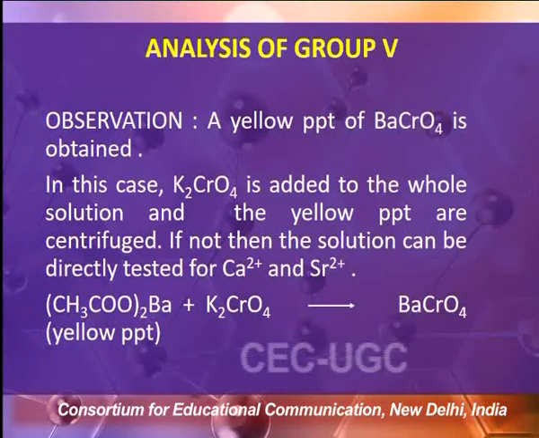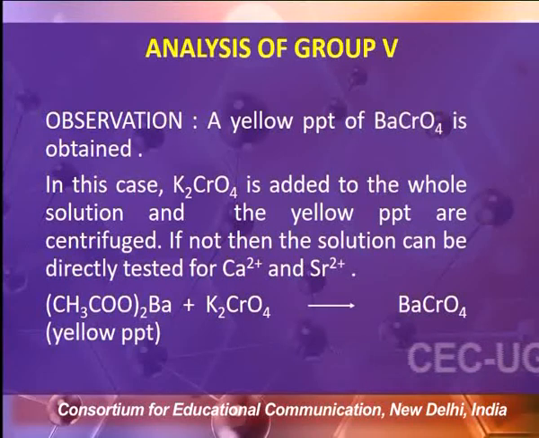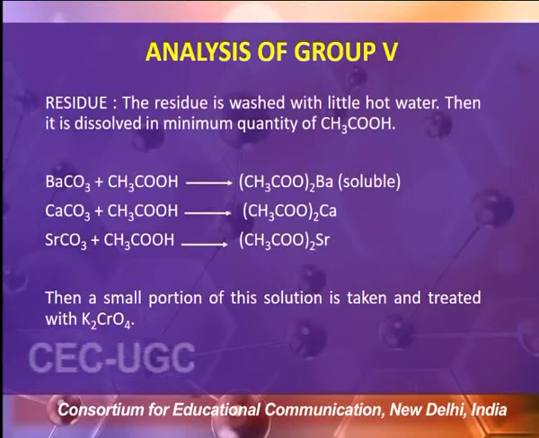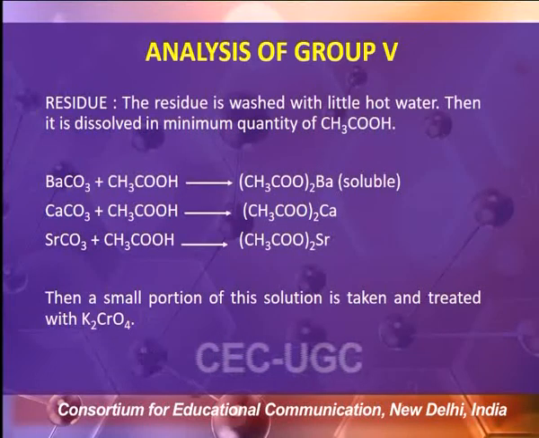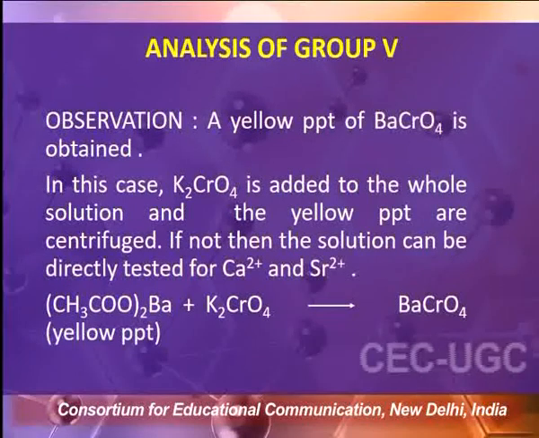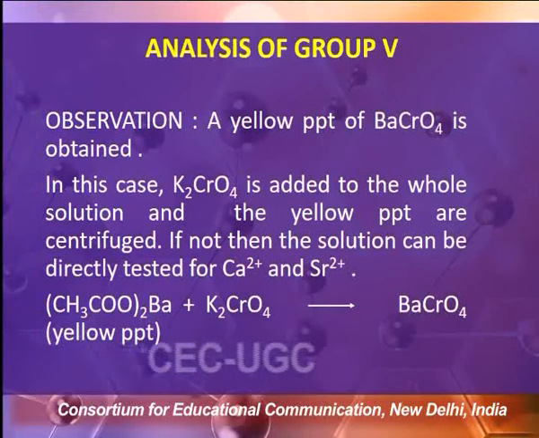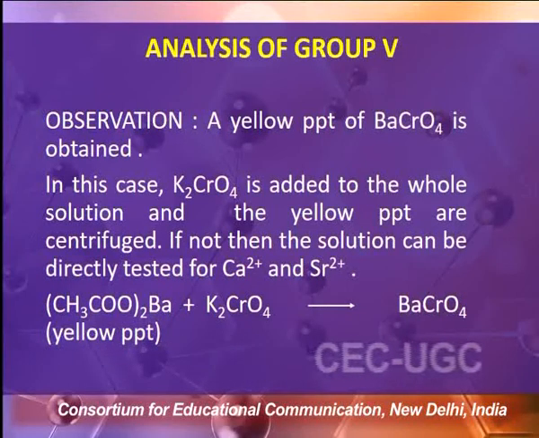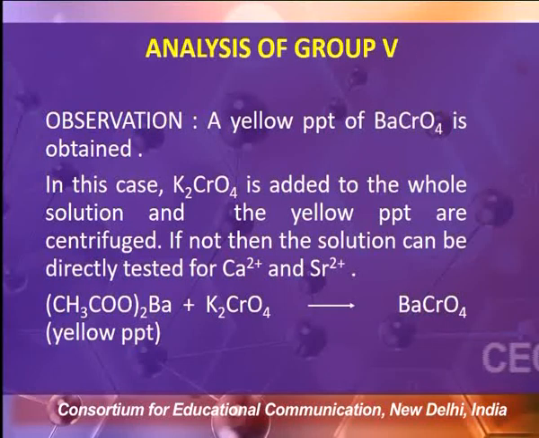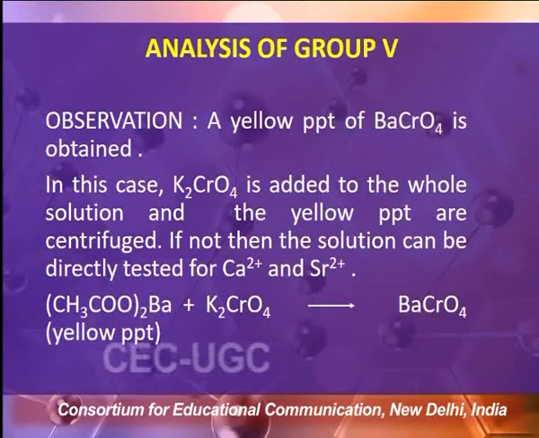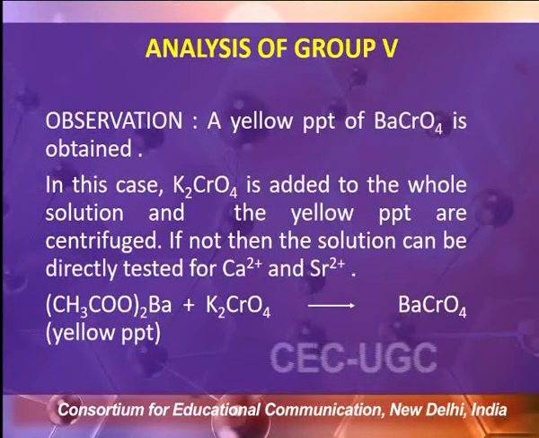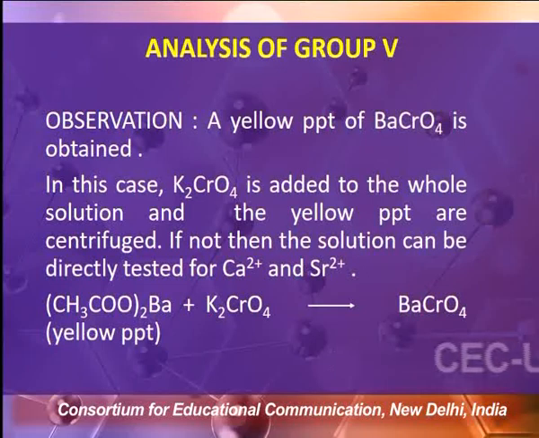That yellow precipitate is due to barium ions, because barium ions have precipitated as barium chromate. If not, then the solution can be directly tested only for calcium and strontium ions.